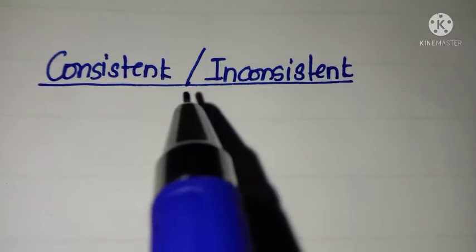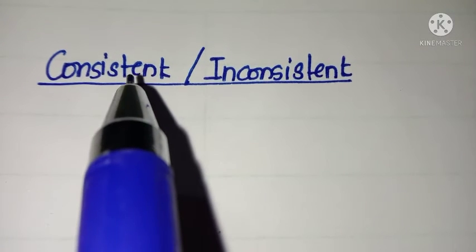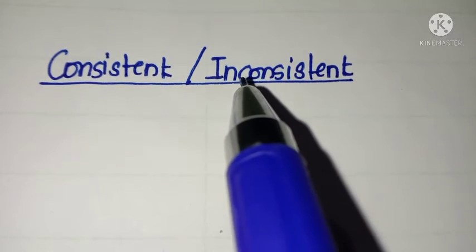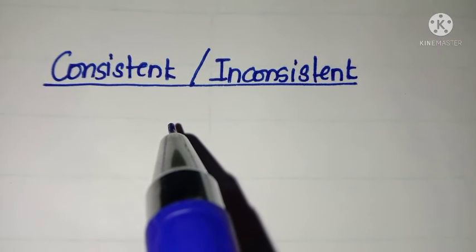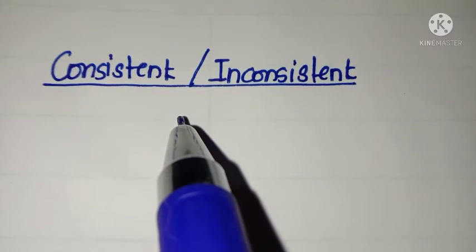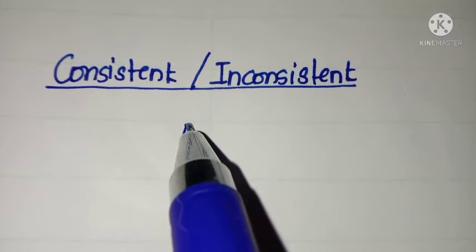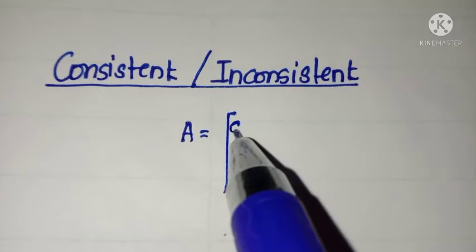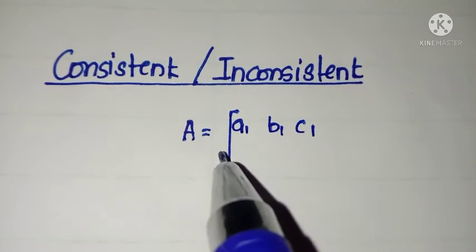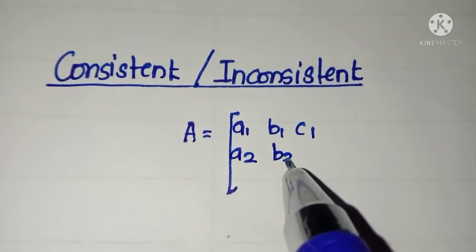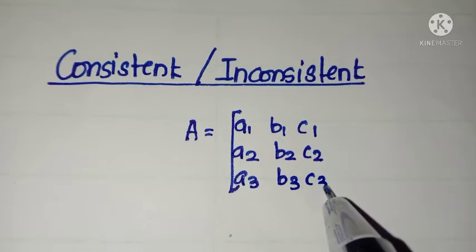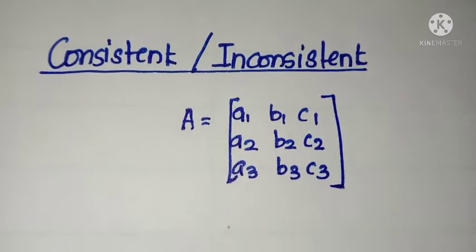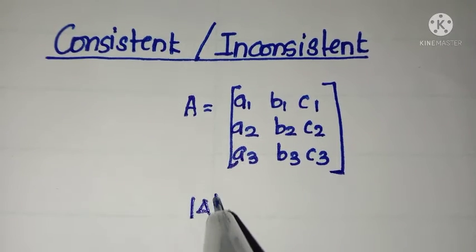Before discussing the matrix method, let's see consistent and inconsistent systems of linear equations. Listen, we have the matrix A equal to a1, b1, c1, a2, b2, c2, a3, b3, c3. This is the coefficient matrix, and see its determinant.